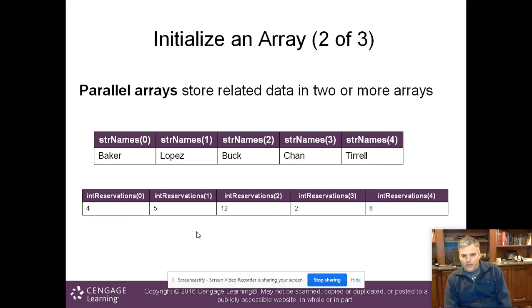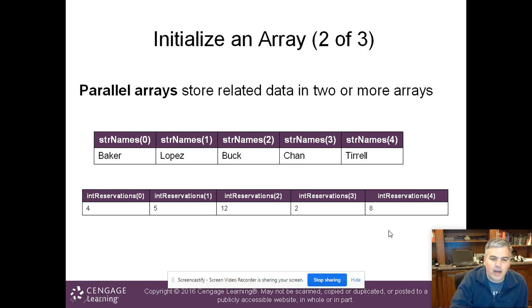Parallel arrays store related data in 2 or more arrays. Sometimes you might need to have multiple data, but it's related. In this example, we have reservations. We have 1, 2, 3, 4, 5 names and a reservation number for each one of those. So we have the name and the reservation, and those are related.